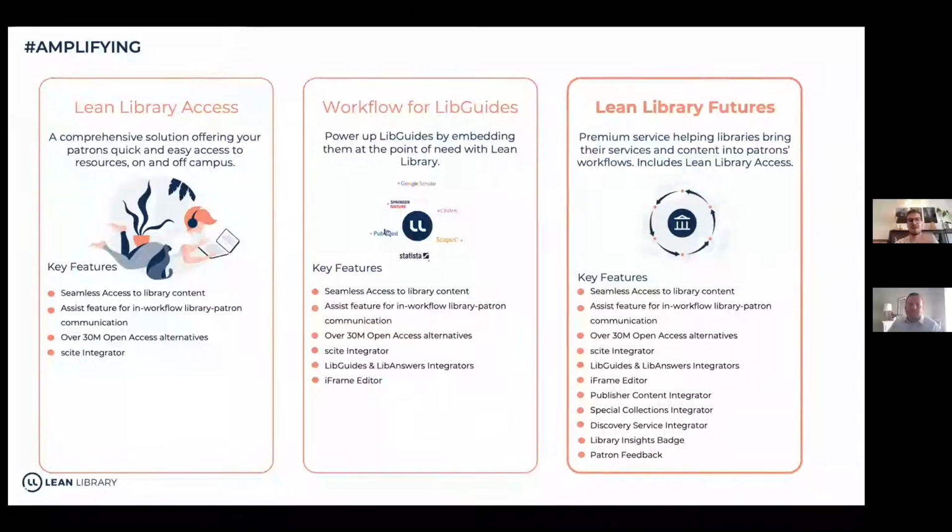When designing Lean Library Futures, we took one step back and looked at what other services, materials and guidance the library provides to students with which they might have similar difficulties and pain points, similarly to, for example, getting access to licensed content for free on the web.